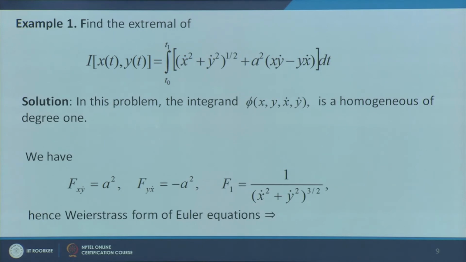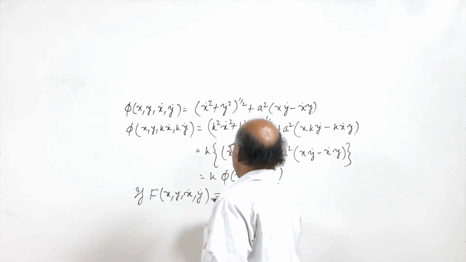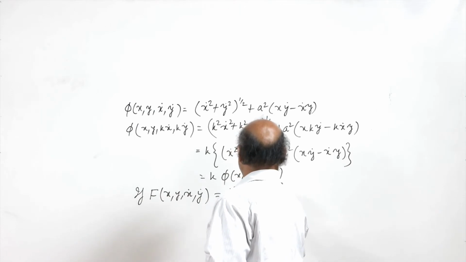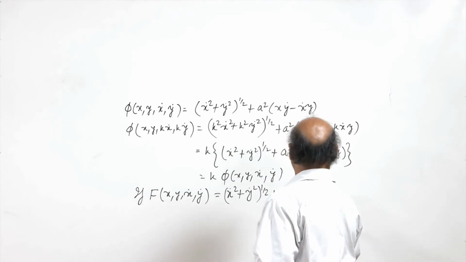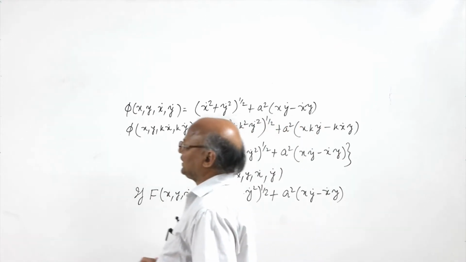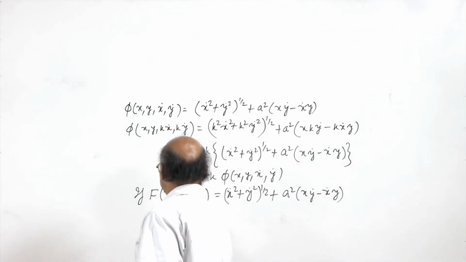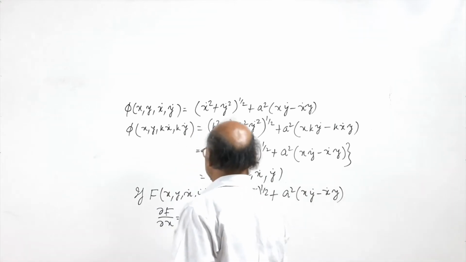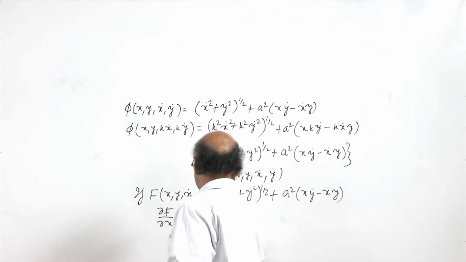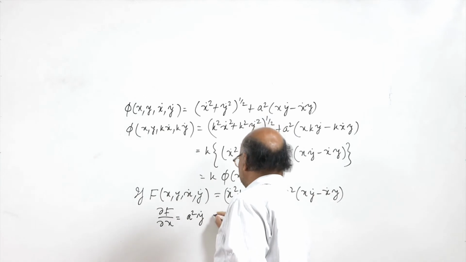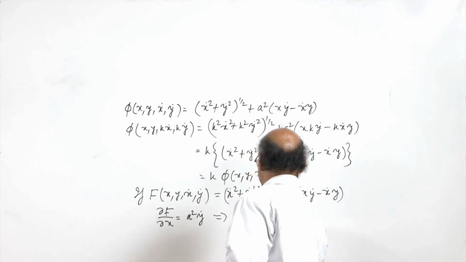So if you write f(x, y, x dot, y dot) as (x dot square plus y dot square) to the power half plus a square (x y dot minus x dot y), then you differentiate it partially with respect to x, what you get is a square y dot, and when you differentiate with respect to y dot, again you get the second derivative f x y dot, which is equal to a square.